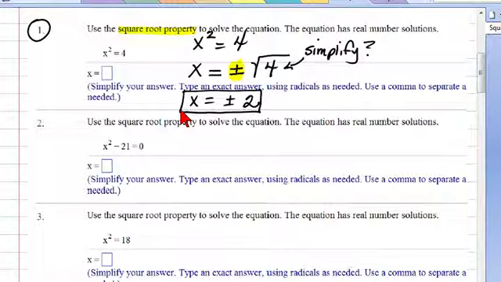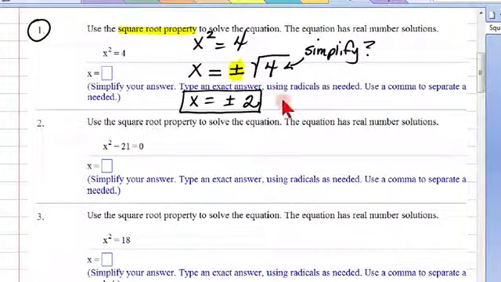Now when you do some work for me, or literally for any math teacher, it would be acceptable to have this little combination symbol that says plus or minus, which is just a compound way of saying the two answers. My math lab doesn't have that symbol. So it says type exact answers using radicals as needed. We don't need any. Use a comma to separate.